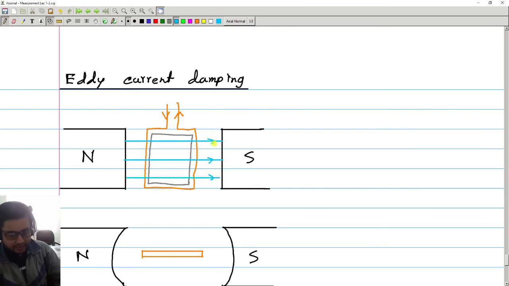Okay, and current is flowing in this way. Okay, now let us try to find out the direction of the forces.